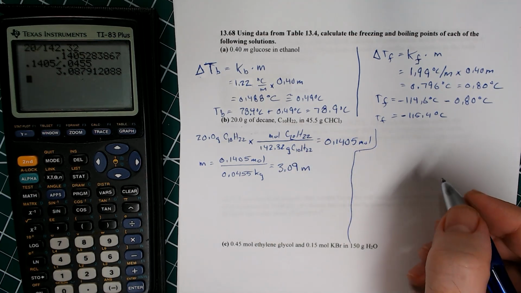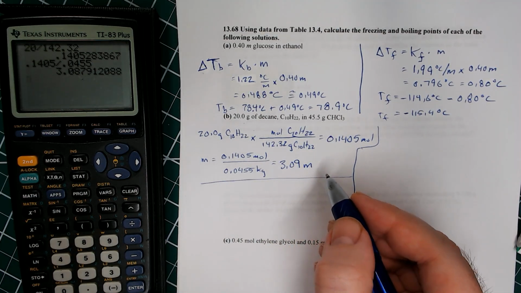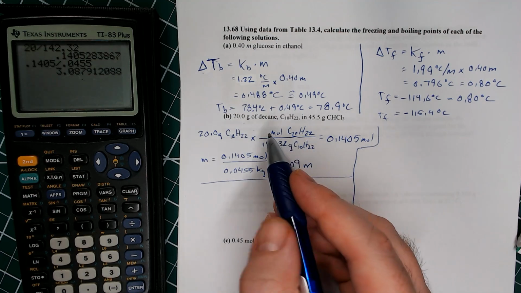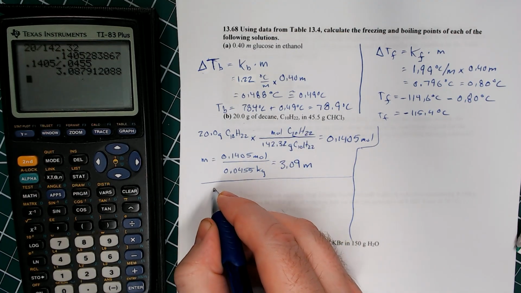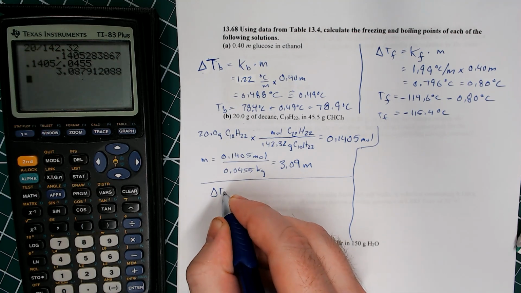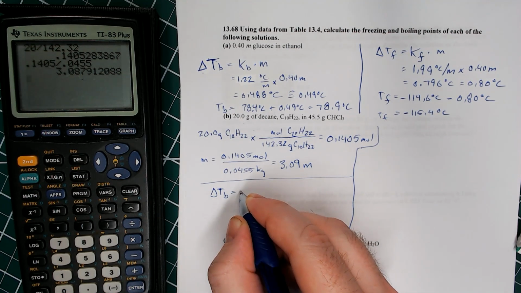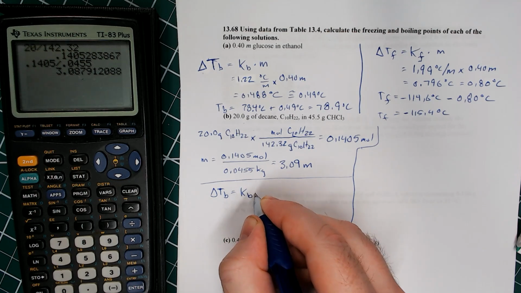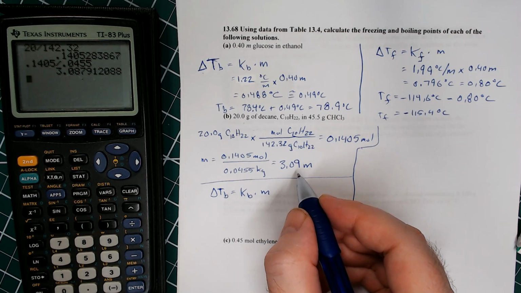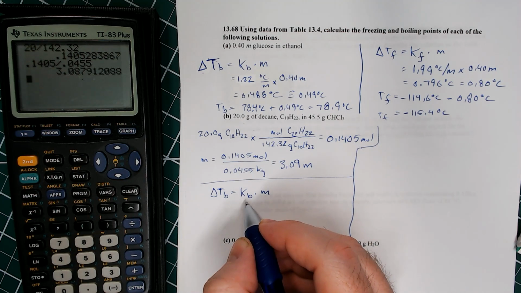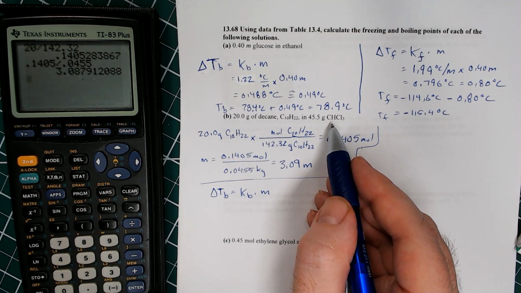All right, well now we're going to use that in all of our calculations to calculate delta TB and delta TF. Delta TB is equal to KB times the molality. Our molality here is 3.09, but we'll need to look up the KB for chloroform, CHCl3.